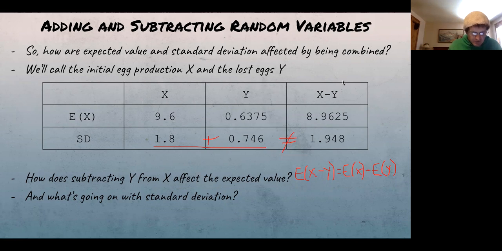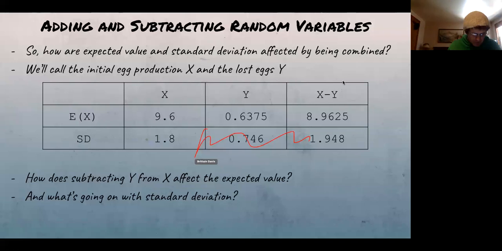I can't multiply them either. Even dividing could be a possibility, so let me divide 1.8 by 0.746, and that doesn't work either. Nothing is really working here.